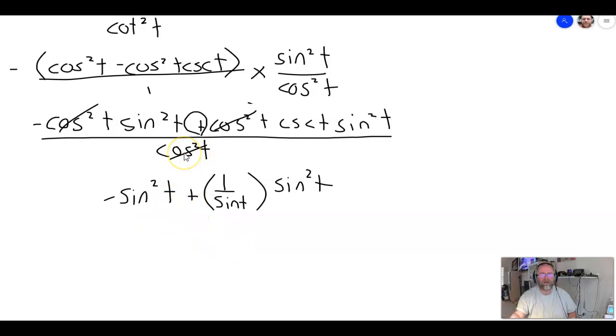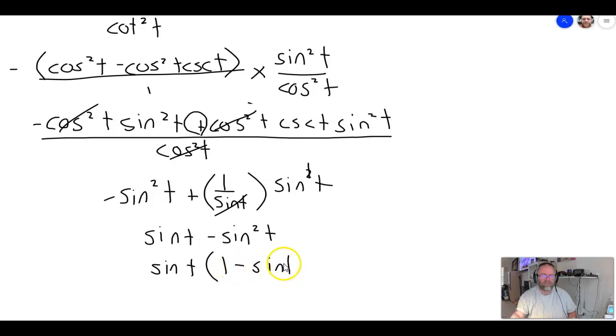There's nothing left on the bottom, so this will cancel out with one of those, and I end up with sine of t minus sine squared of t. Now I'm going to pull out a sine of t and get 1 minus sine of t, remember, I'm working towards that other side.